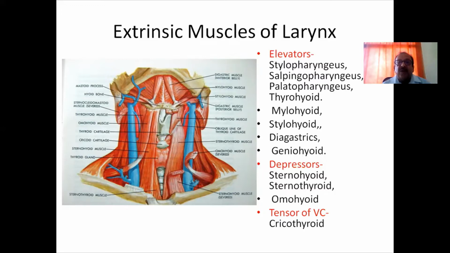Now, these all muscles help to elevate the larynx during the process of swallowing. Then the depressors of larynx are sternohyoid and sternothyroid and omohyoid. Tensors of vocal cord are cricothyroid.